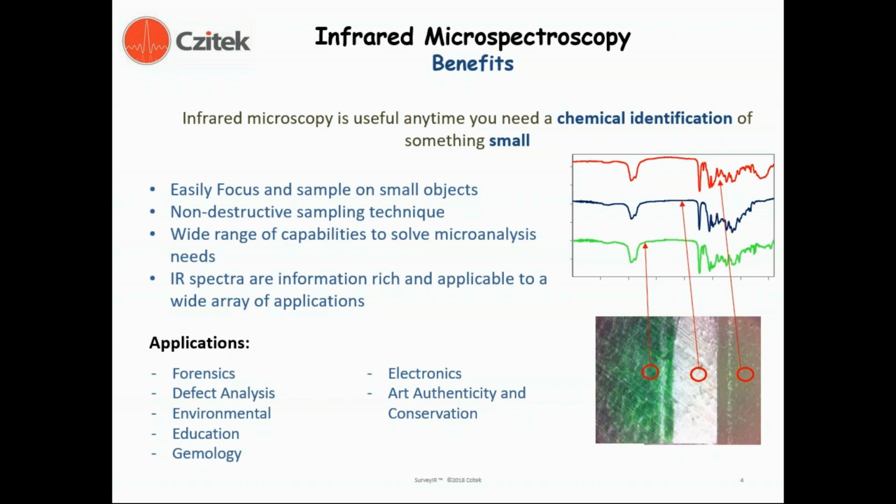The applications of infrared microspectroscopy are very diverse and include problem solving in manufacturing, defect analysis, analysis of contaminants on various different products or substrates, art authenticity or conservation, forensics, and so on.